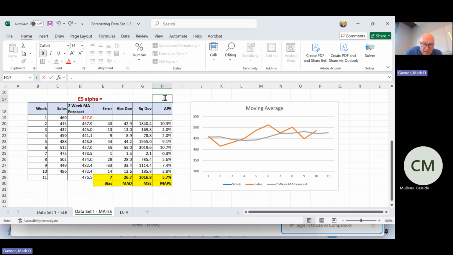I mean, moving average is the way to go. Sorry. 5.8, 5.9. So it seems to be increasing as alpha increases, right? So really 0.3 was probably okay.